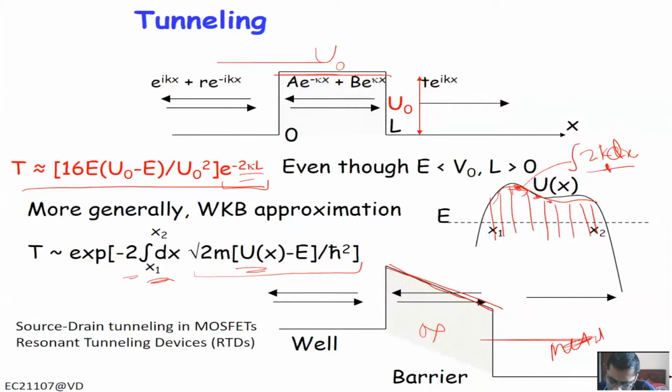Not true. This is not for metal, because in metal we don't expect current, right? So this can be for resonant tunneling diode devices, right? So there's a well here, right? And the other side it has to go, right? So for certain resonant frequencies, there will be some transmission, right? And that transmission will depend on the potential profile as well as the thickness of the barrier.